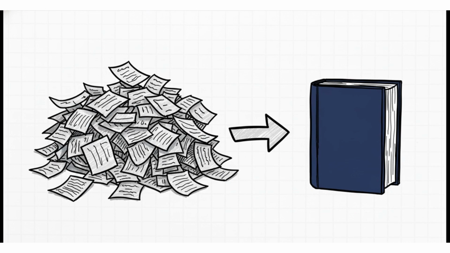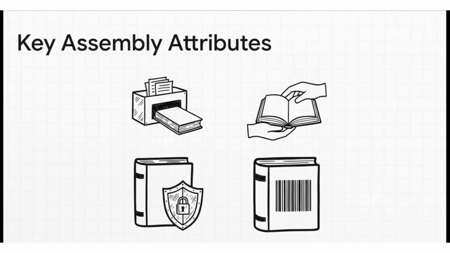And this analogy of a book, it's perfect. A book is a totally self-contained unit, right? It's got all its chapters, an index, a cover, everything. Think about it. You wouldn't just send someone a stack of loose pages. No, you bind it all together into a finished book. And that's your assembly. So let's see how these key attributes map back to our book analogy.